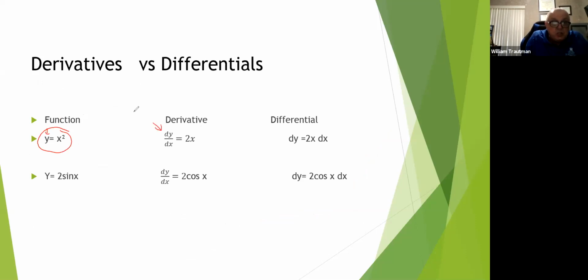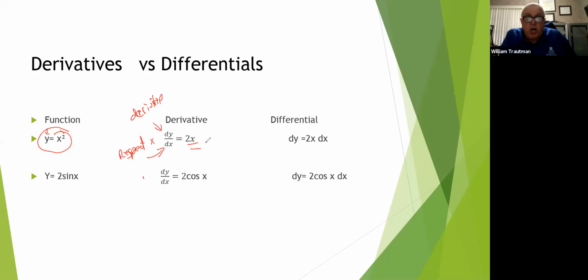We're taking the derivative of y with respect to x. And the derivative of x squared, bring the 2 in front, subtract 1, is 2x.